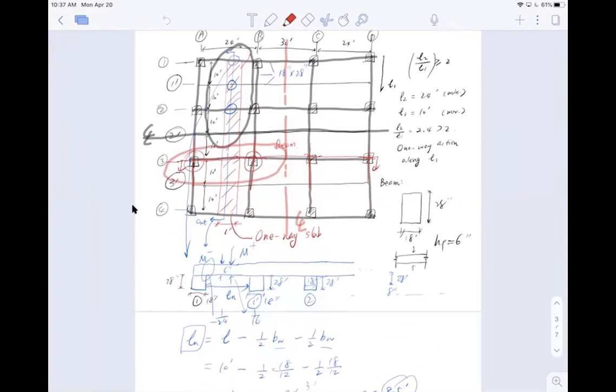That's a little bit tricky, because think of it: this beam right here actually takes half of the slab in this span and half of the slab in this span. So this shaded area is how much of the slab it's taking care of. Thank you for bringing it up. Very good questions.